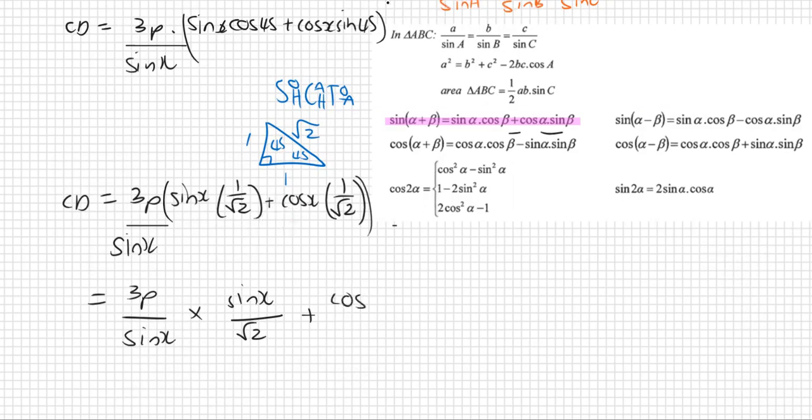So cos x, I hope. Cos x over square root 2. Doing a very long expanded answer here. So we need a lowest common denominator in order to add these terms at all. So our common denominator is going to be sine x times square root 2.